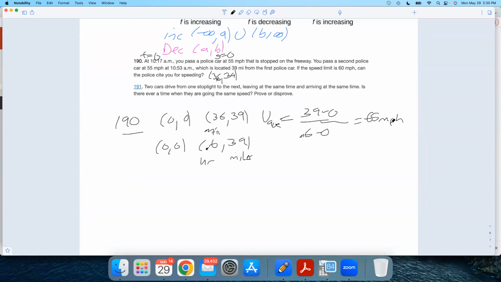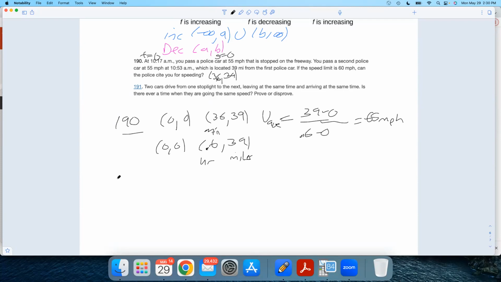I went 39 miles in 0.6 hours. That's an average speed of 65. There's no way that's possible unless I went over 60 at some point.